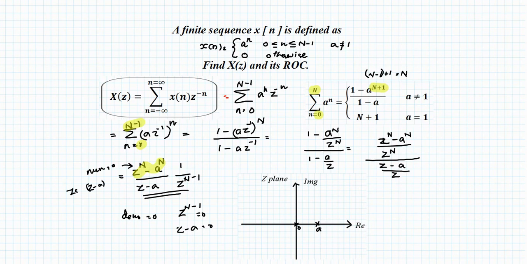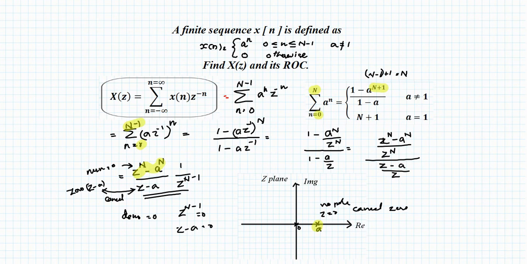In the numerator you will get one term z minus a, and one is at the numerator and one is at the denominator. These two terms cancel. So there is no pole like z minus a. There is no pole at z equal to a, because this pole is canceled by the zero at the numerator.